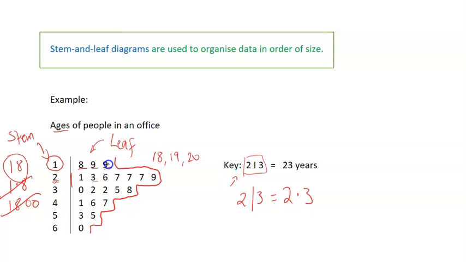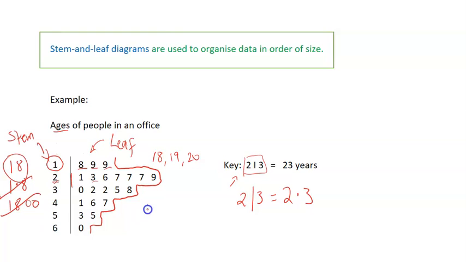Please note a few ways this stem and leaf diagram is actually drawn. First of all, like I mentioned, the stem is on the left, the leaves are on the right, but also the fact that everything is lined up perfectly. That is very, very, very important. You need to line up your stem and leaf diagram.